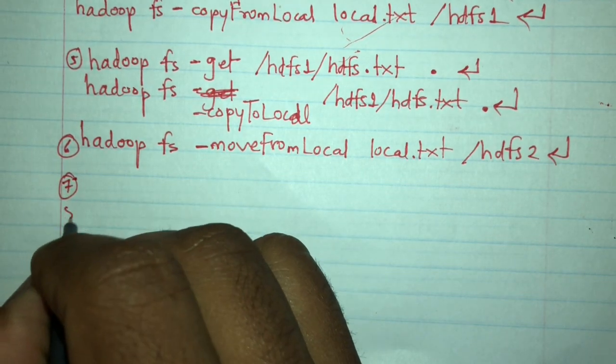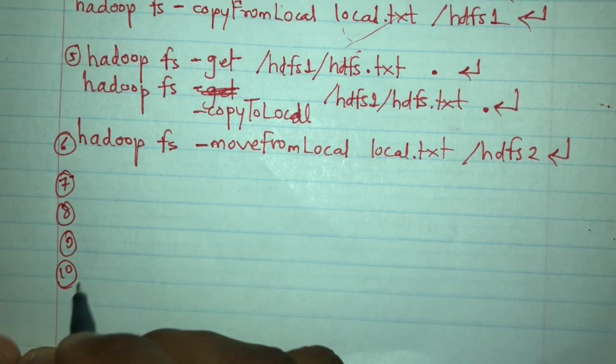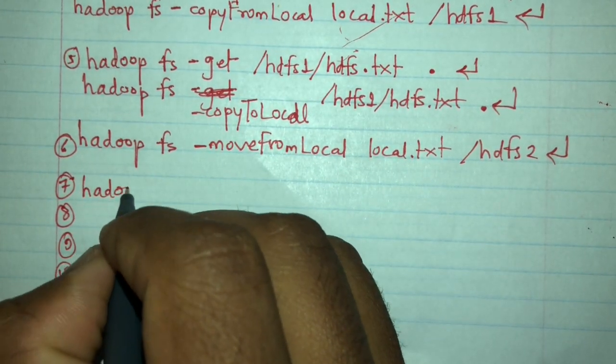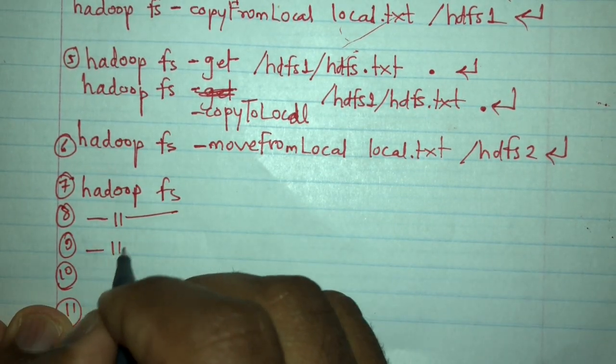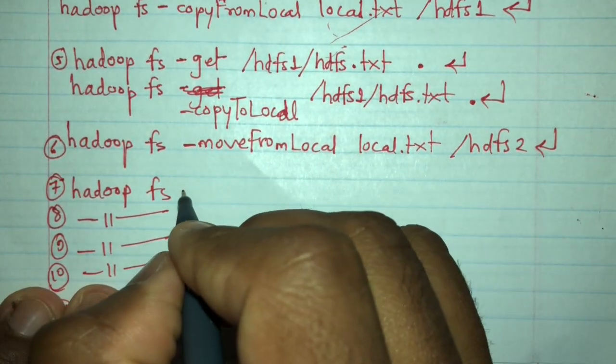7, 8, 9, 10, 11. So I will write hadoop fs only once, and then I'll just do repetition here because I'm a little bit lazy now.